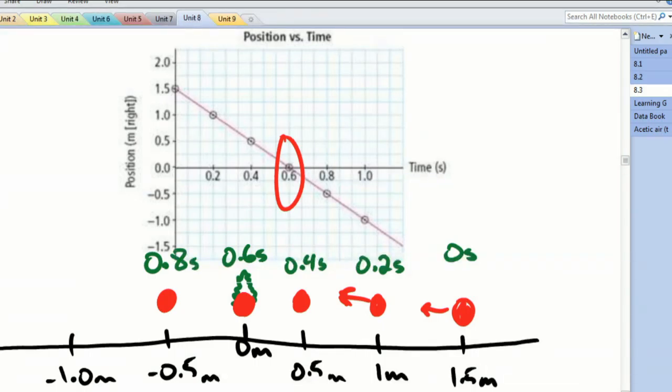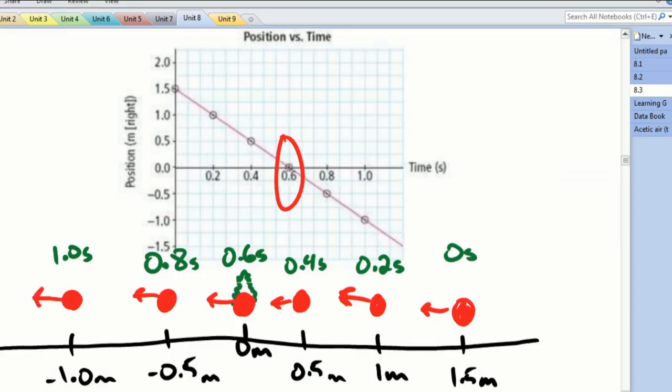And then at 1 second, my object is at negative 1 meter. Does that make a little bit more sense to just describe the object moving like that, if we draw it out on a nice little diagram?